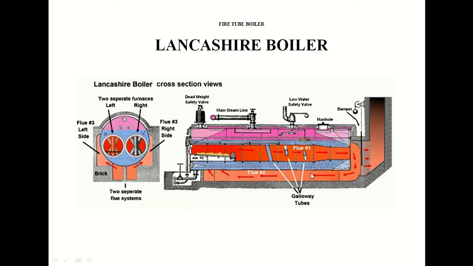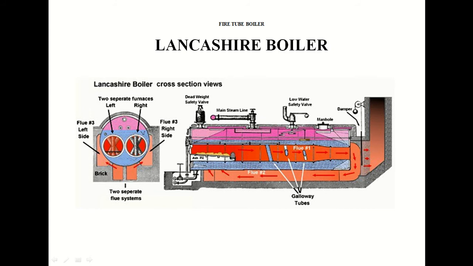So this is the pictorial view again. In this Lancashire boiler, in the cross section view, there are two furnaces, and during circulation the flue gases will flow through these, and around the drum also.